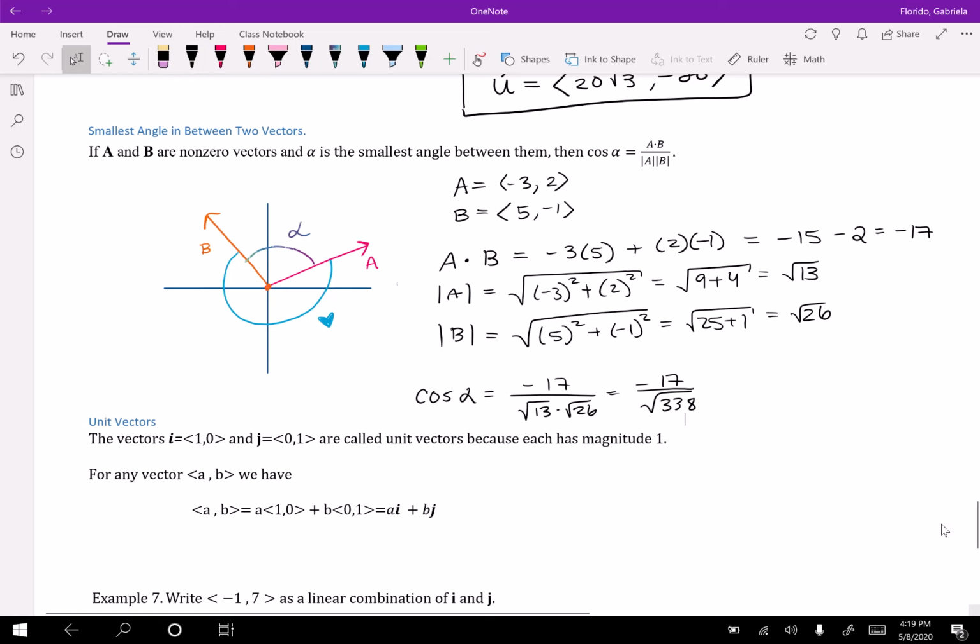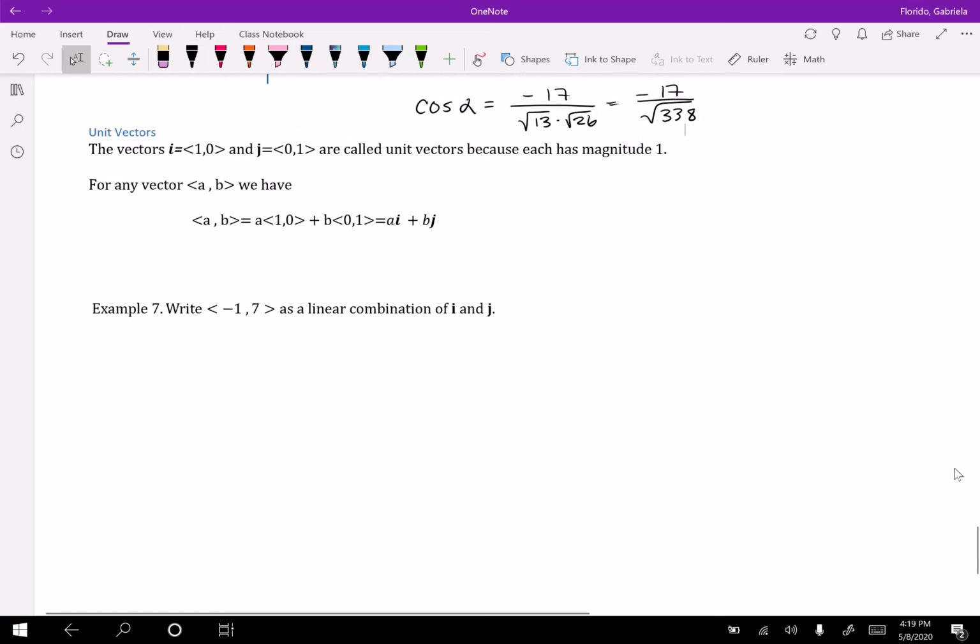So the last topic that I want to talk about is unit vectors. There are two very common unit vectors. One of them is 1, 0, and the other one is 0, 1. One of them lives on the positive x-axis, the other on the y-axis. The cool thing about these two unit vectors is that we can create any vector by using a linear combination of these two.